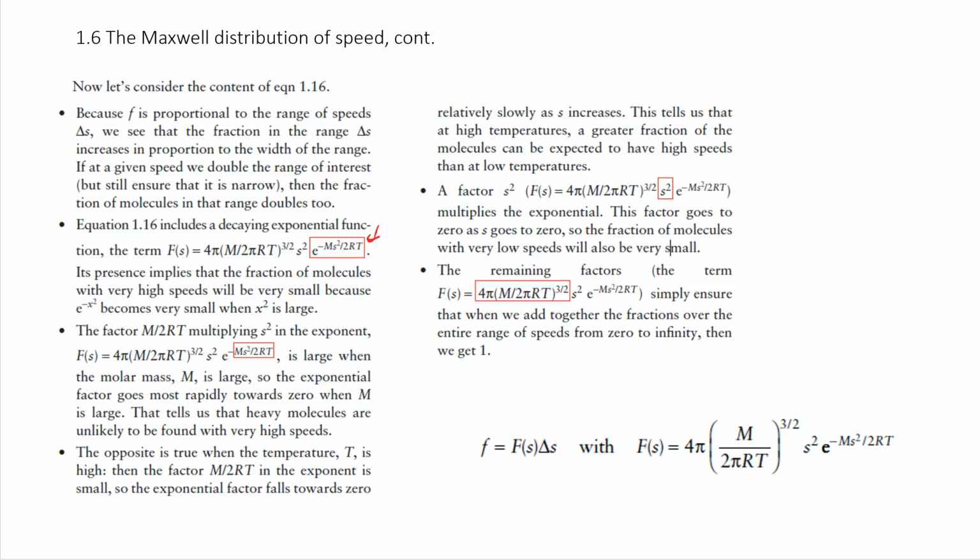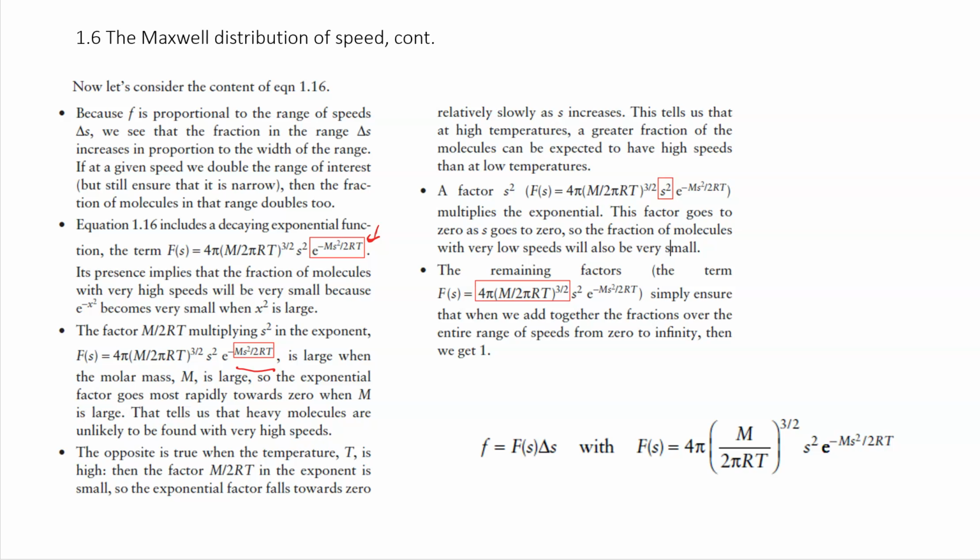So the factor m over 2RT multiplying s squared in the exponent, which we see here, is large when the molar mass m is large, which makes sense because that's what we're starting with.